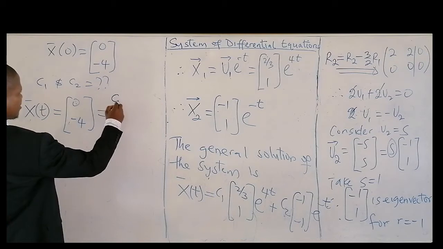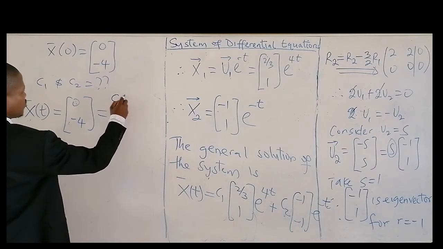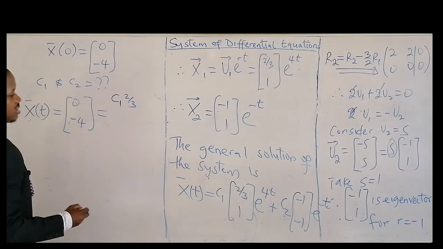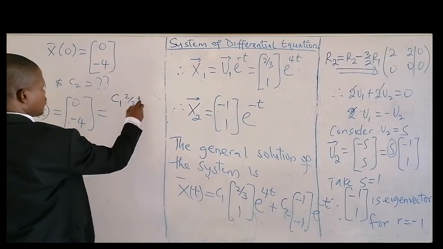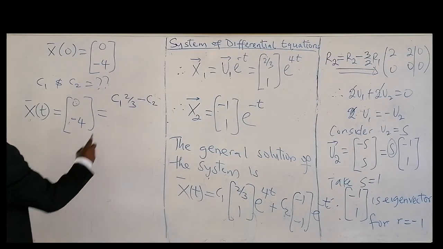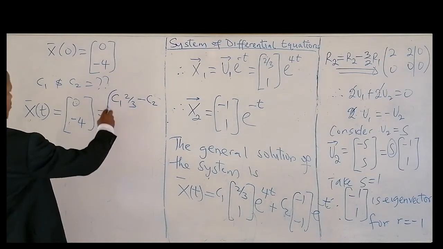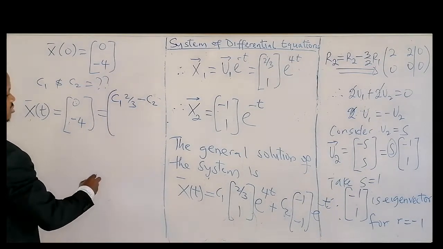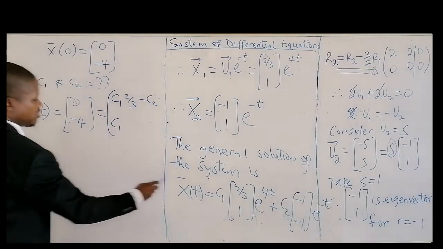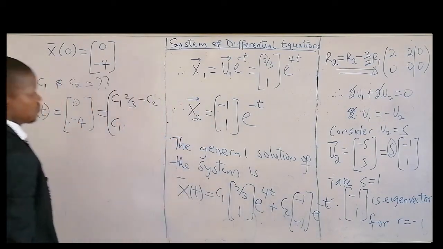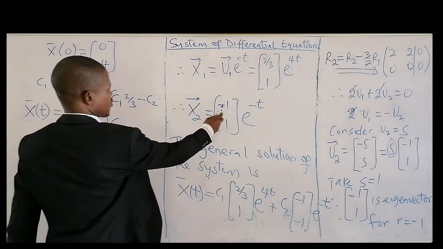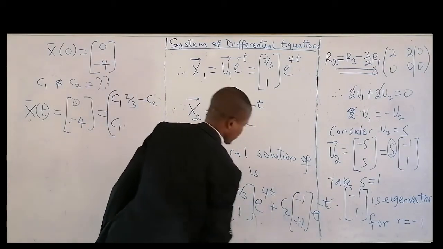That will be c1 times 2 over 3, then here also minus c2. Then the second equation: c1 plus c2, since this is minus 1 plus, so this is plus.